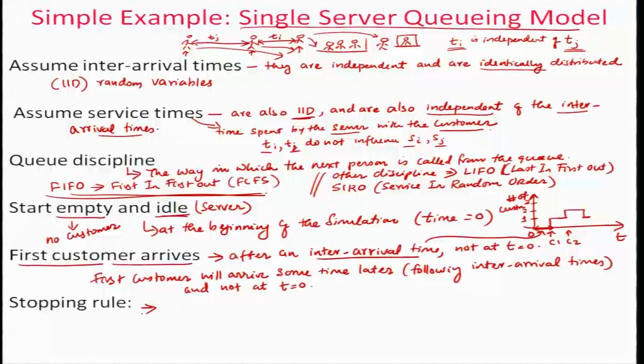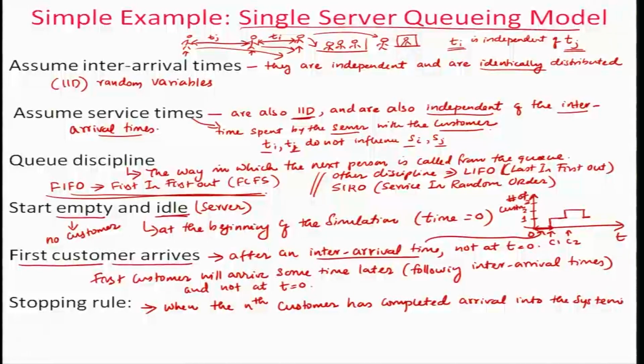Stopping rule. How do we stop the simulation? We started the simulation, it is running. So, how do we stop? The stopping rule is when the nth customer has completed arrival into the system, then we stop.